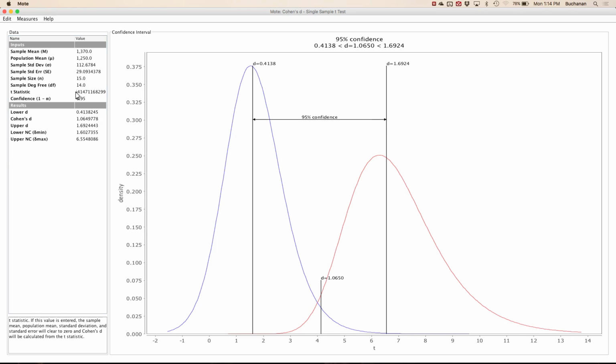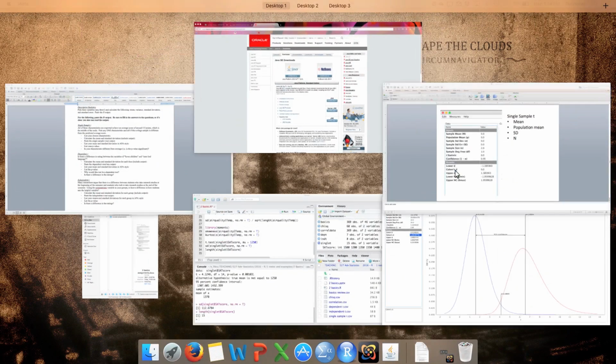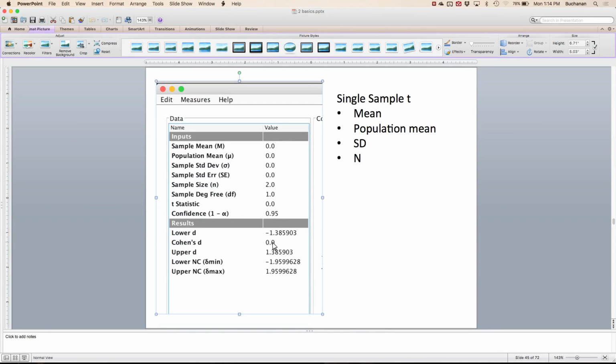The T statistic will be close. So we had 4.12, and then in this, when you can see it yourself, it says 4.12. So this program will calculate Cohen's d and its confidence interval. So be sure you're just looking at where it says Cohen's d and not lower and upper. Okay. So in this window, it would be here.